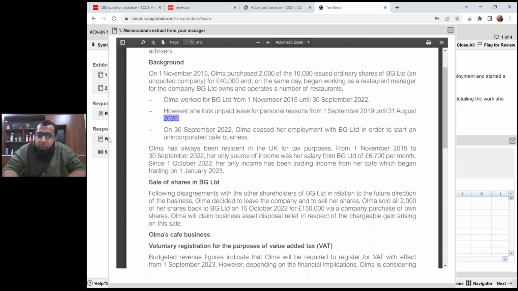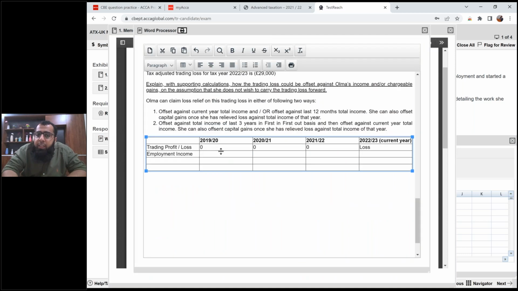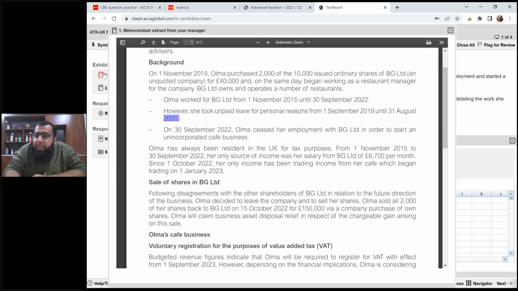I have a question for you. What is her employment income in 19-20? Can anyone tell me? Now the fiscal year of 19-20 starts from April 19 and ends on 31st March 20. But he took an unpaid leave in September 19.